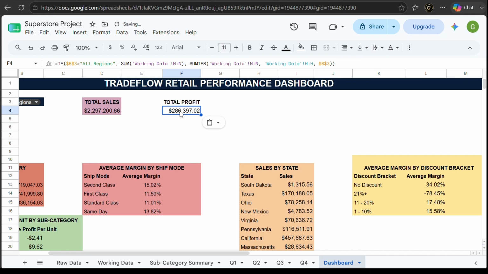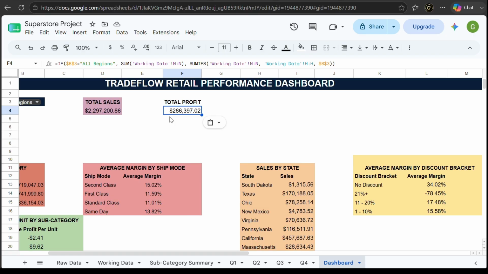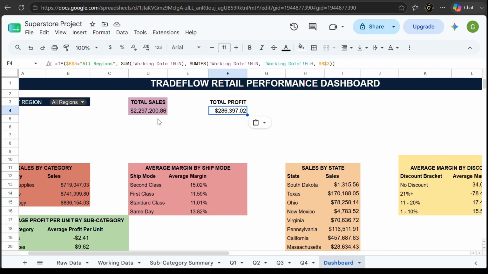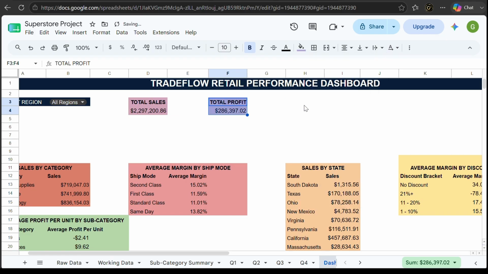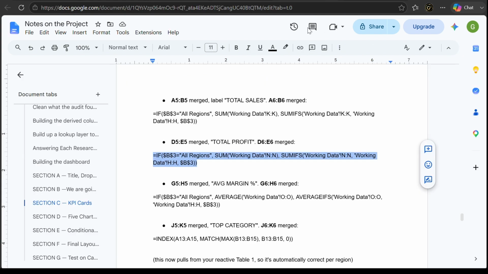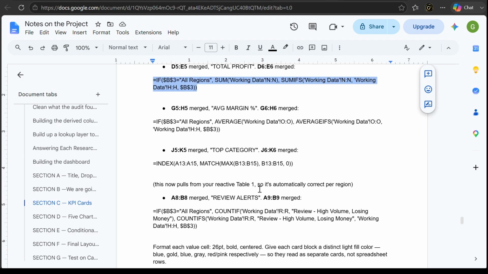Then I'm just going to paste this, Ctrl V. So my total profit is $206,397.02, which is for all regions. Again, I can filter too and you see my values changing also. So I think I'll just give this particular color. I think that's nice.